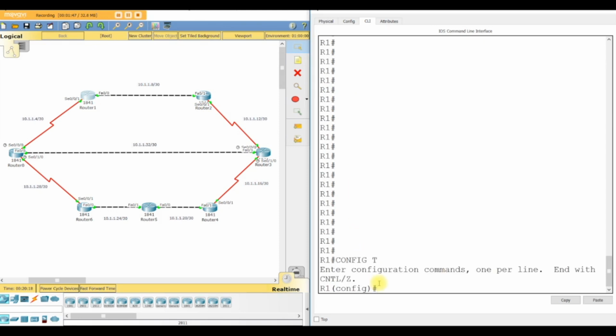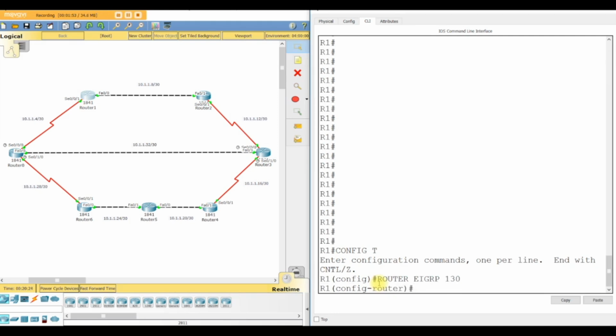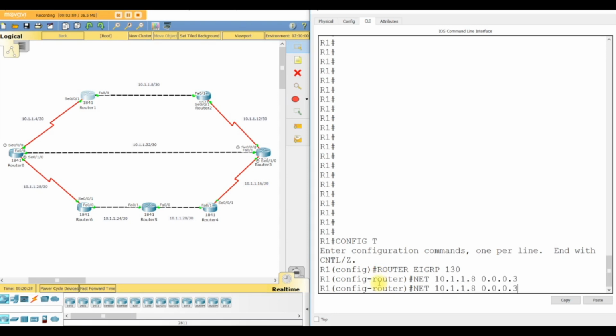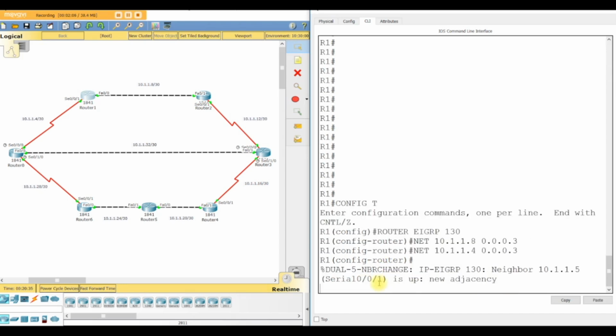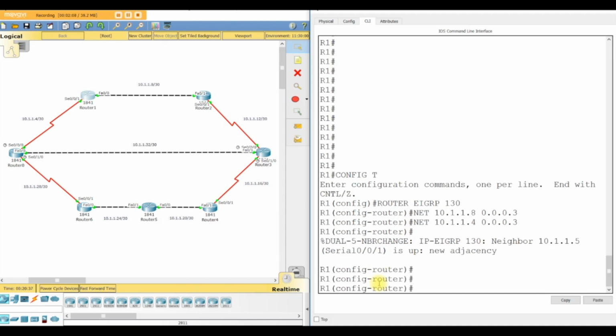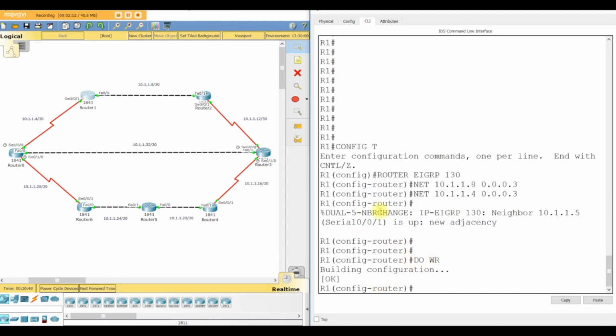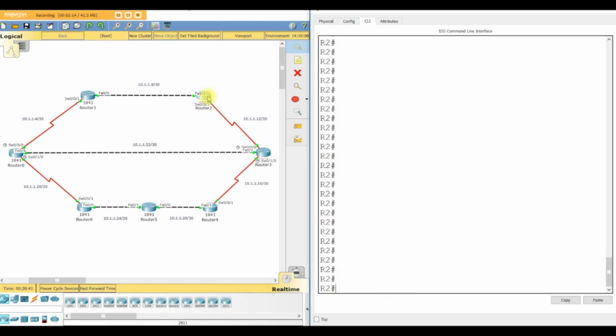So let's do router number 1. Config t, router EIGRP 130, and you see we're still in a single autonomous system. Network 10.1.1.8 0.0.0.3, and then I'm going to up arrow, get rid of the 8 and put a 4. I did it because the convergence is so quick, I don't want my typing to be interrupted. I'm just going to do WR, which you cannot do in your certification, and I know I keep repeating that, but I want to make sure it's embedded in your brain.